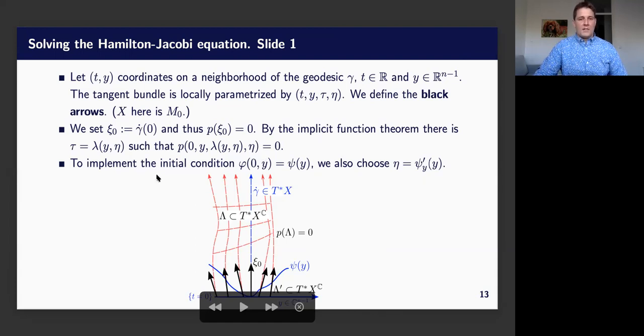Moreover, we want to implement the initial condition of the Hamilton-Jacobi equation, and for that, we need to choose eta to be the y gradient of psi. So with this, we have defined these black arrows. This one here. I will go to the next slide, and there will be the same picture.